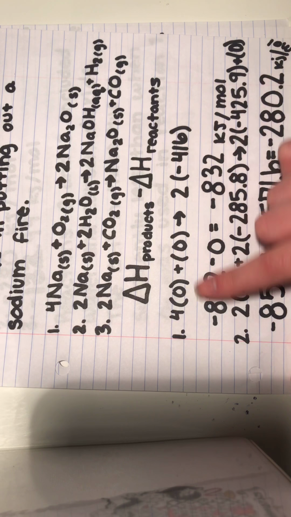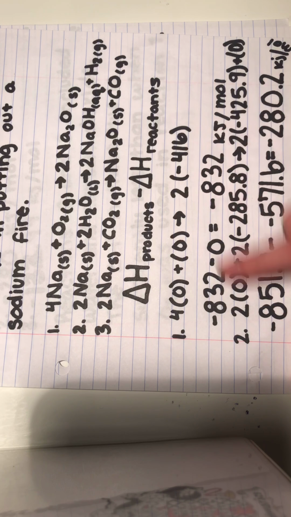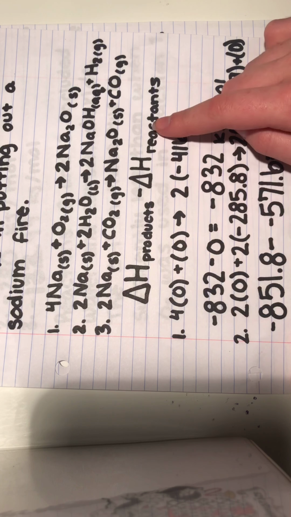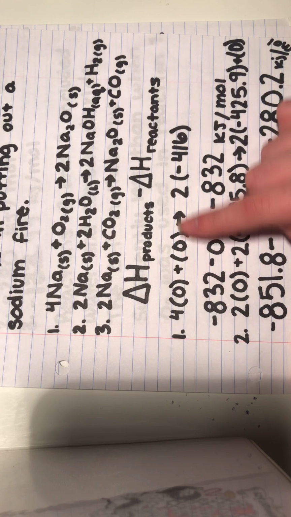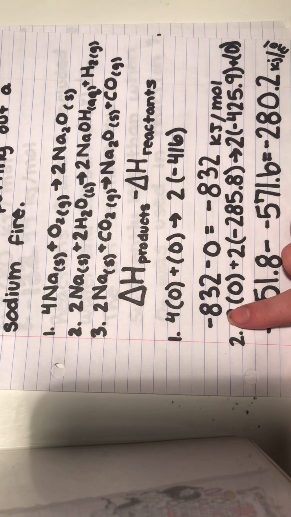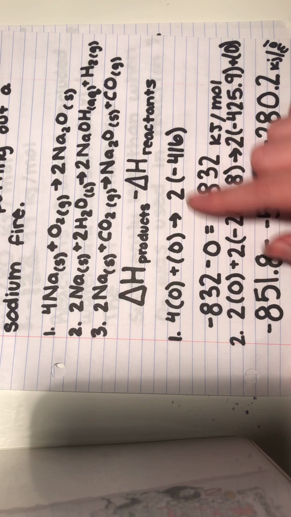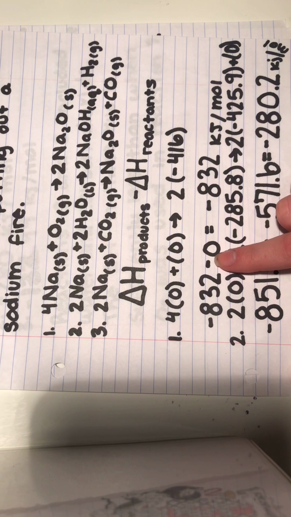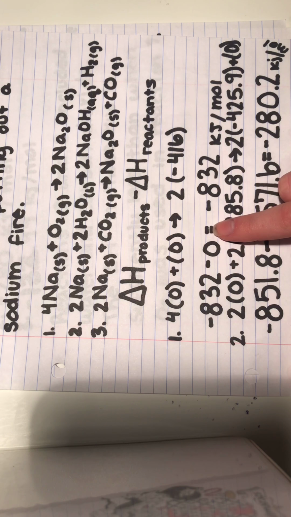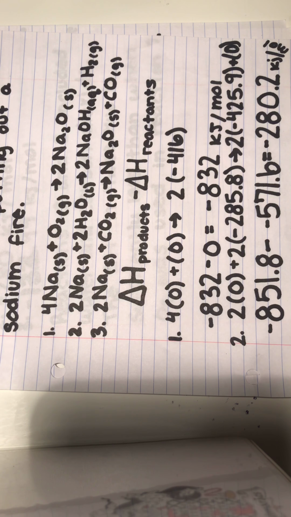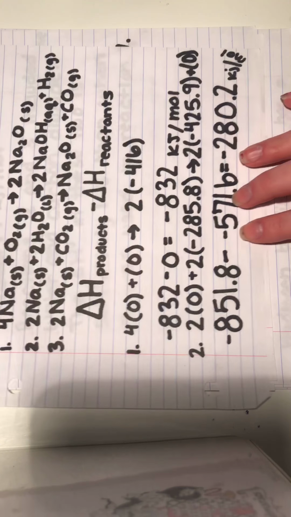So what we're going to do is add up each side, multiply it out, and then arrange it in the proper order, because these are our reactants and these are our products, so we have to reverse it. So we have negative 832 taken from here minus 0 taken from here equals negative 832 kilojoules per mole.